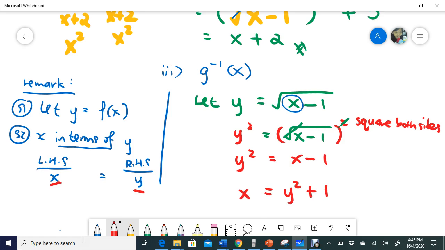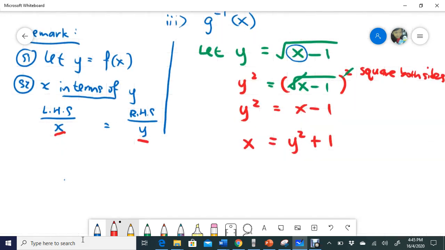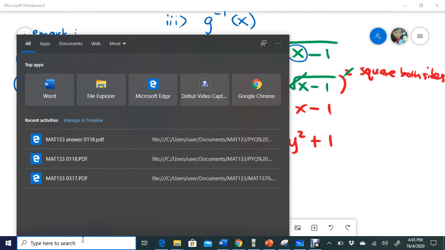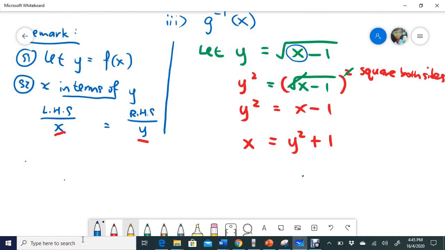Is that okay? So after that, what will you do? Okay, so after you have done that, your step 3 will be the replacement.